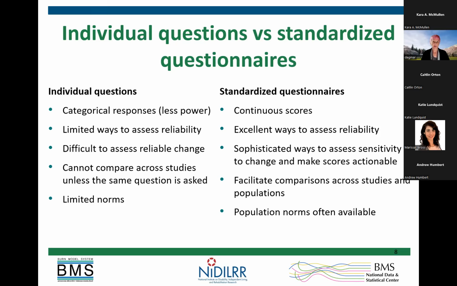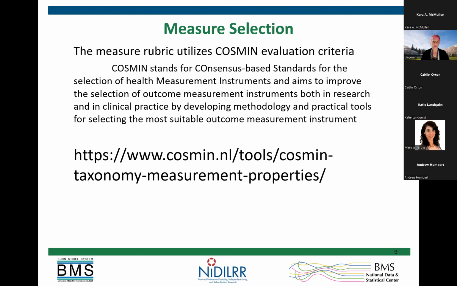With individual questions, we often have no norms or limited norms. With standardized questionnaires, we often have excellent population norms, which help us interpret the score and put it in the context of the general population, or all women or people of certain ages. So it helps us better understand what the scores are telling us.